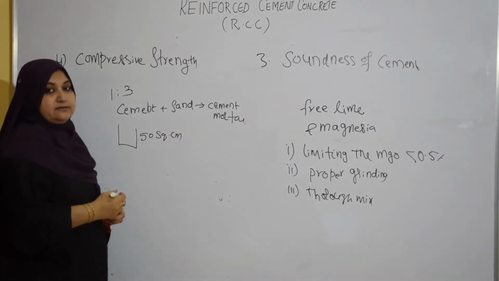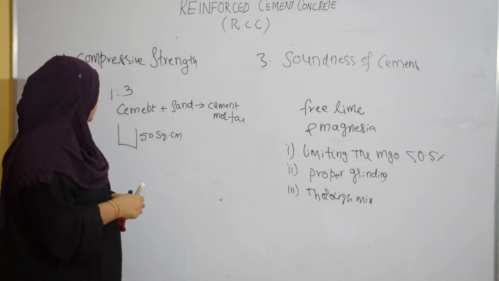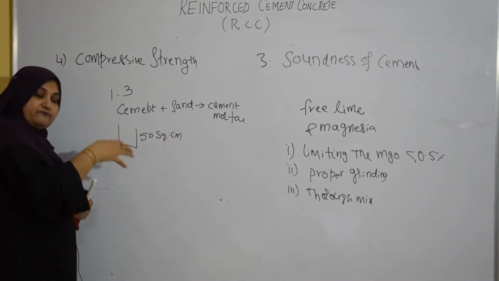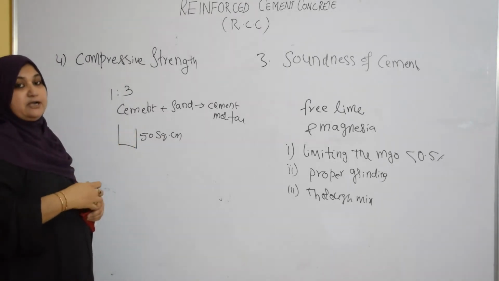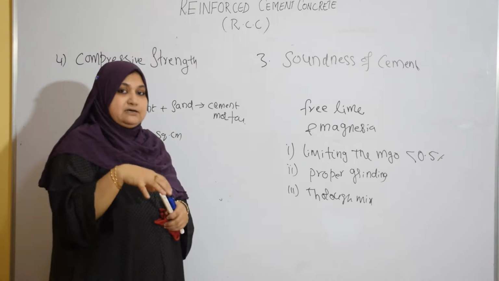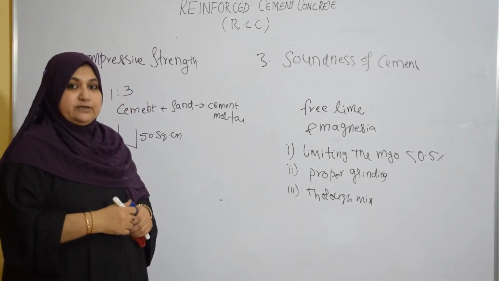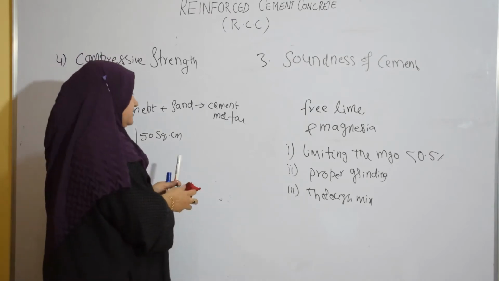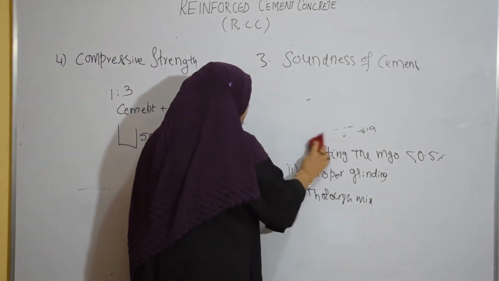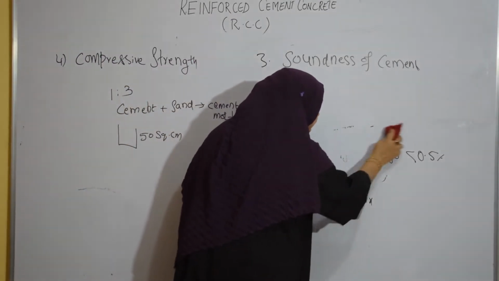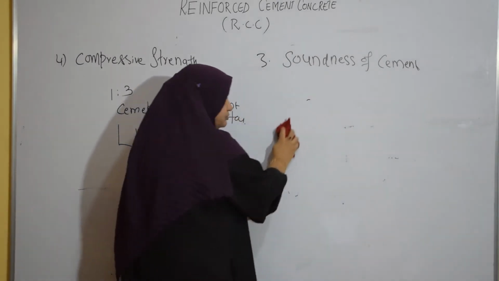Okay, then after 24 hours we allow it to set. After 24 hours it is removed from the mold and placed in a water tank for curing. So after curing, like for 3 days we cure, for 7 days we cure, and for 28 days, sometimes for 14 days also we cure.